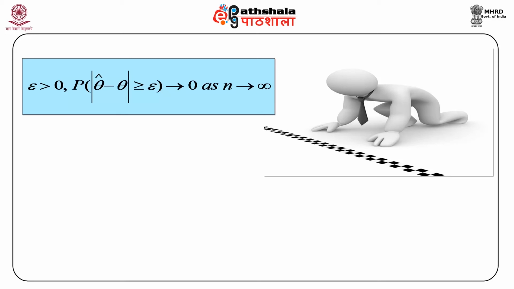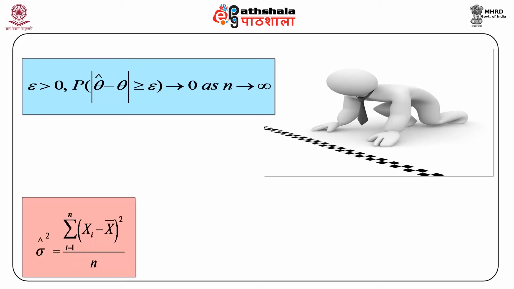An example of a consistent estimator is sigma hat square equal to the sum of (xi minus x bar) square, where i ranges from 1 to small n, divided by n.